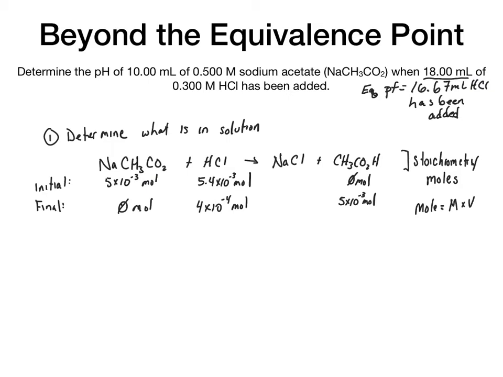So now that we know what is in solution, we have a weak acid and we have a strong acid. When you have a weak acid and a strong acid in solution, the strong acid controls the pH.